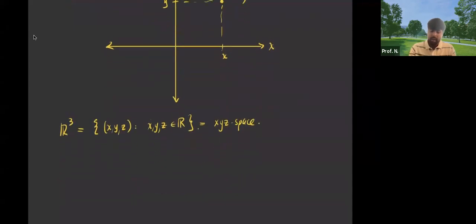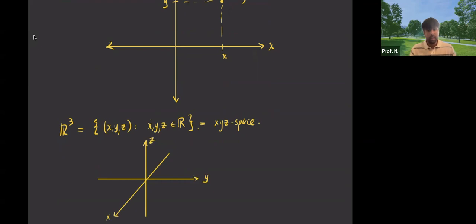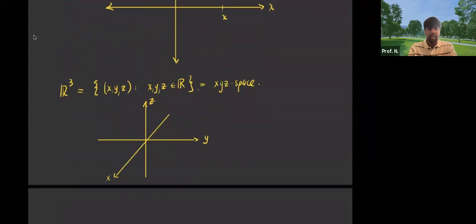For those of you who took advanced calculus, you have the X coordinate axis, the Y axis, and the Z axis. And then our geometric intuition breaks down once we hit R4. What in the world is R4?